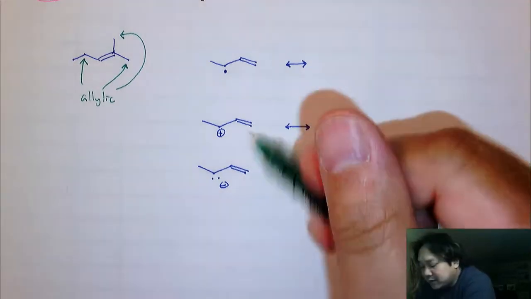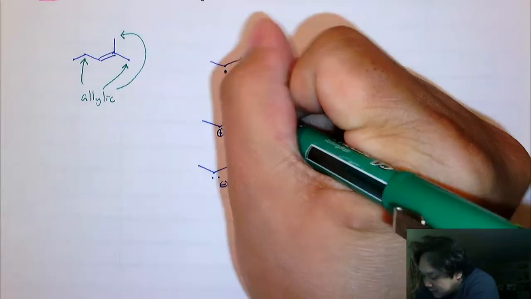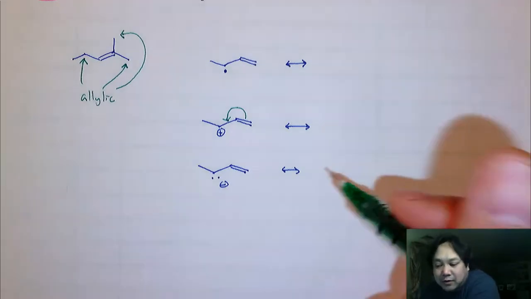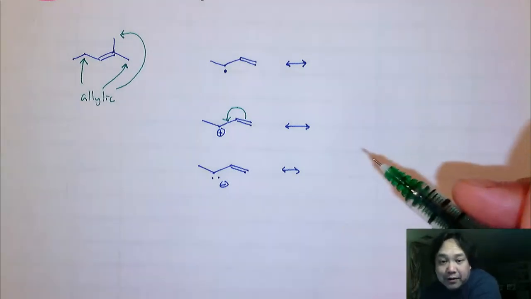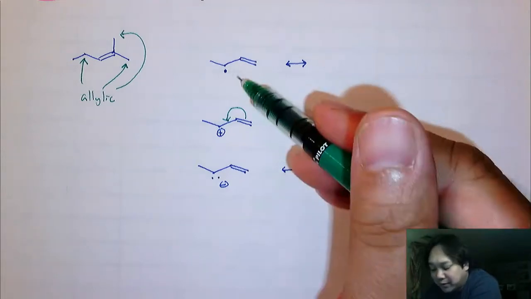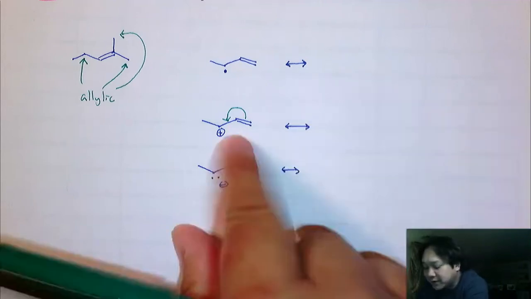So for each of these last two cases, we're going to move 2 electrons. Resonance, you're mainly going to move either a pi bond or a lone pair. For the radical, we're going to obviously move an unpaired electron. But see, there's no lone pairs here.